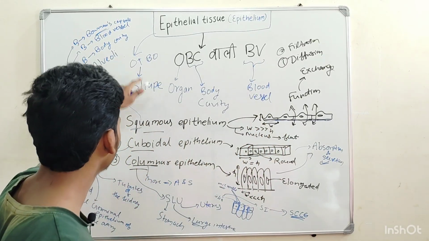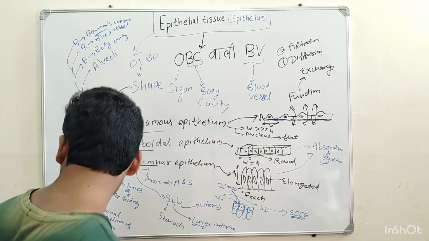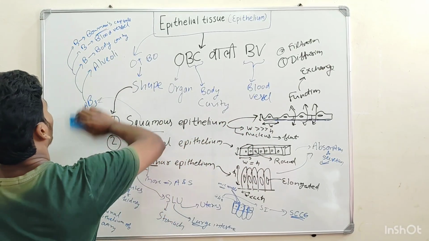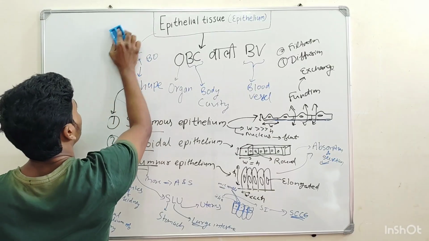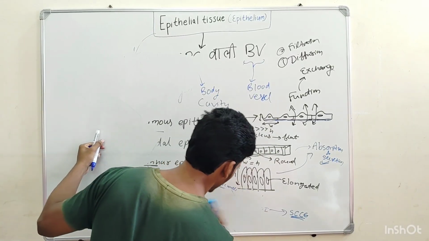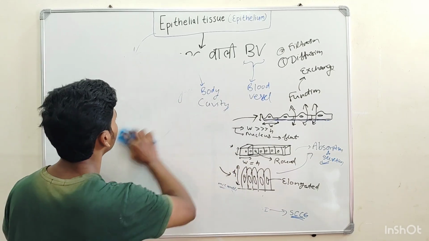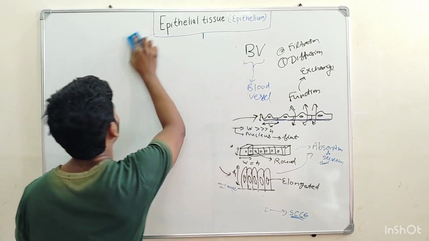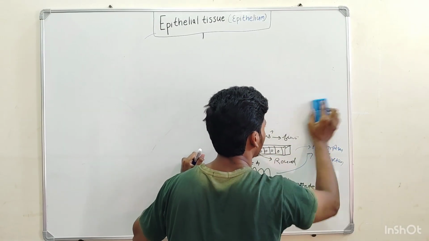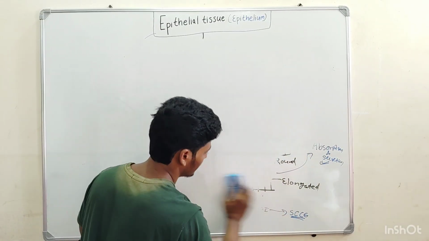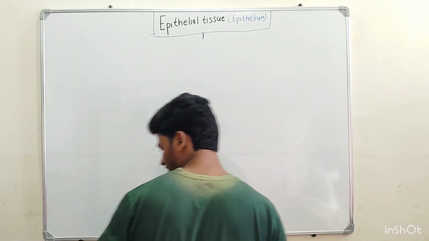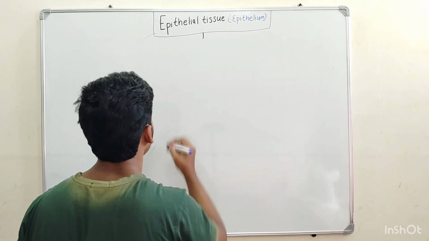So here we have discussed only simple epithelium, and now we are going to discuss compound epithelium. You know what, compound epithelium is also called stratified epithelium. Why? Because the word strata means multiple layers, many layers. So stratified epithelium has many layers.